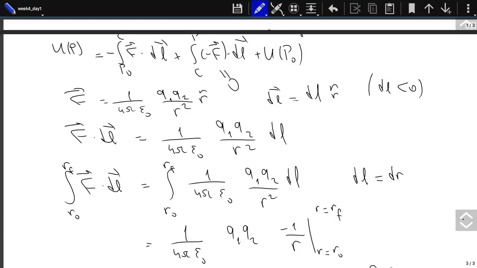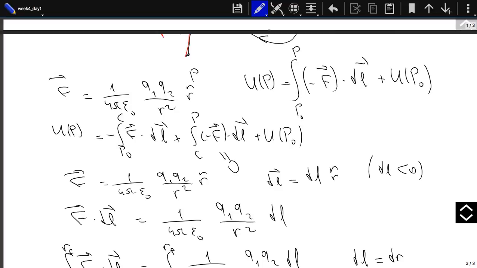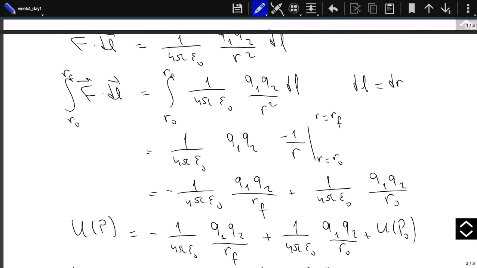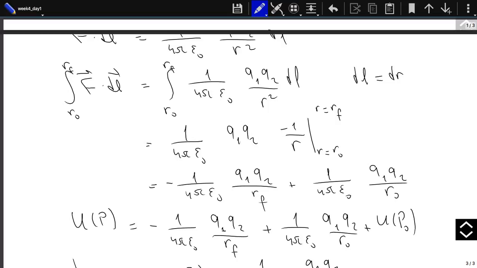Because it is details minus... No, the force F is plus, because this tells me that if Q1 and Q2 are the same charge, the force is in the plus r hat direction. So the charges are pushing away from each other. So this is correct. F dot dl is this one, that is also correct. Then the integral of F dot dl is again this one.